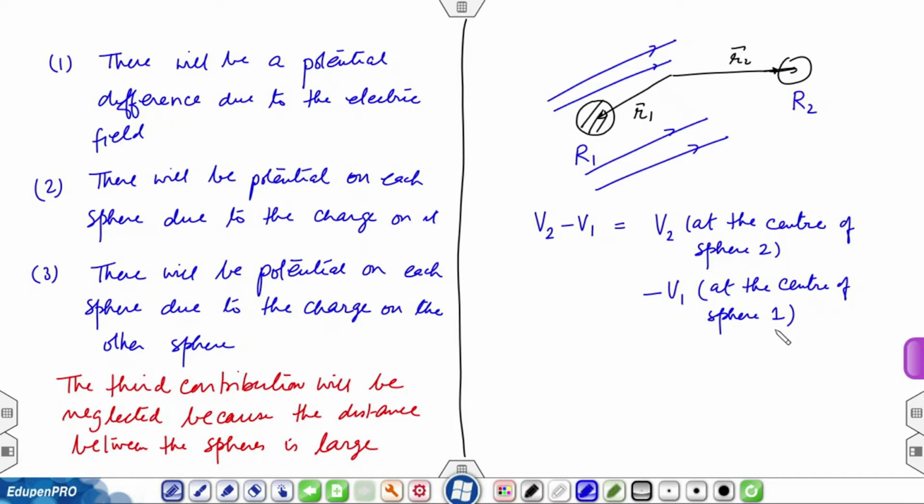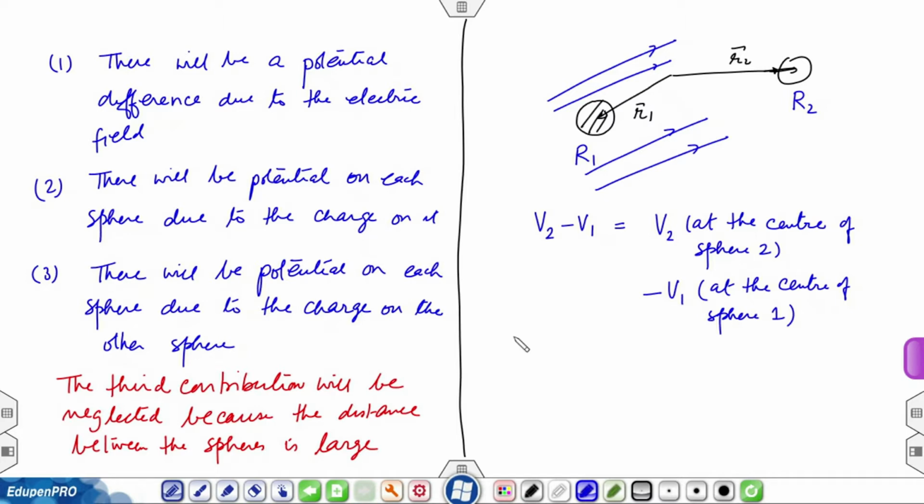You see, I am calculating it only at the center, because the entire sphere is an equipotential. Therefore, no matter where I calculate it, the potential would be the same throughout that sphere. So, I will choose a convenient point which happens to be the center.